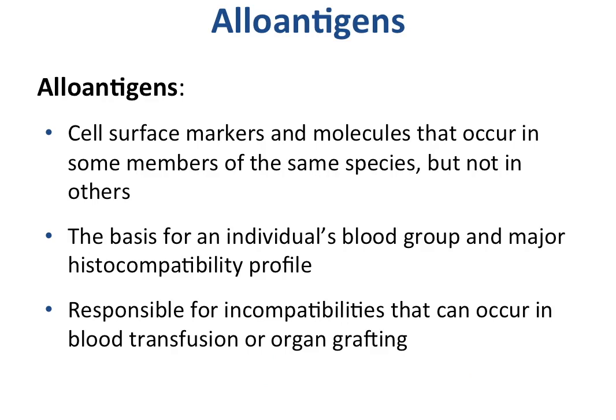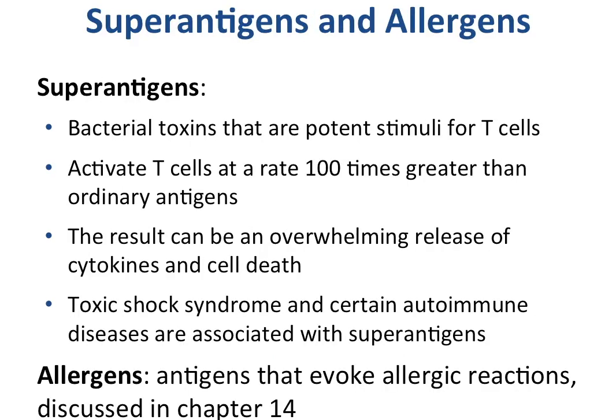Alloantigen means an antigen from other individuals of our species, like the ABO blood type. Superantigens are normally bacterial toxins. They can induce a huge immune response, for example, by activating the T cells.